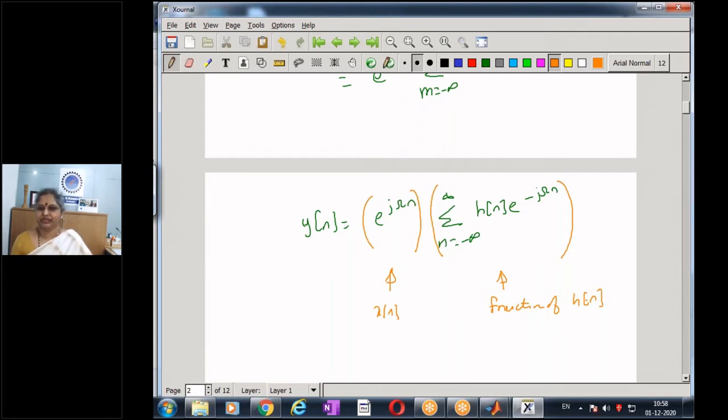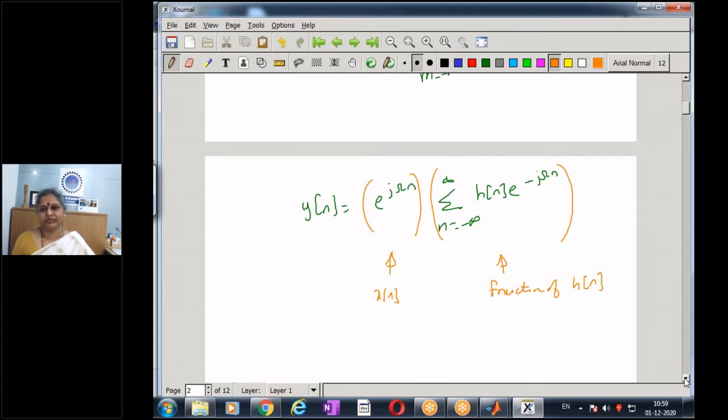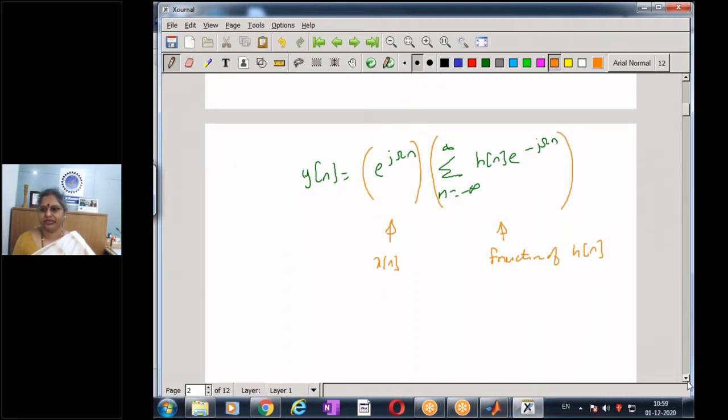So the second term is not dependent on the input, and similarly the first term is not dependent on the system properties. This is a very unique example of an input function where the output on performing convolution results as the product of two independent terms.